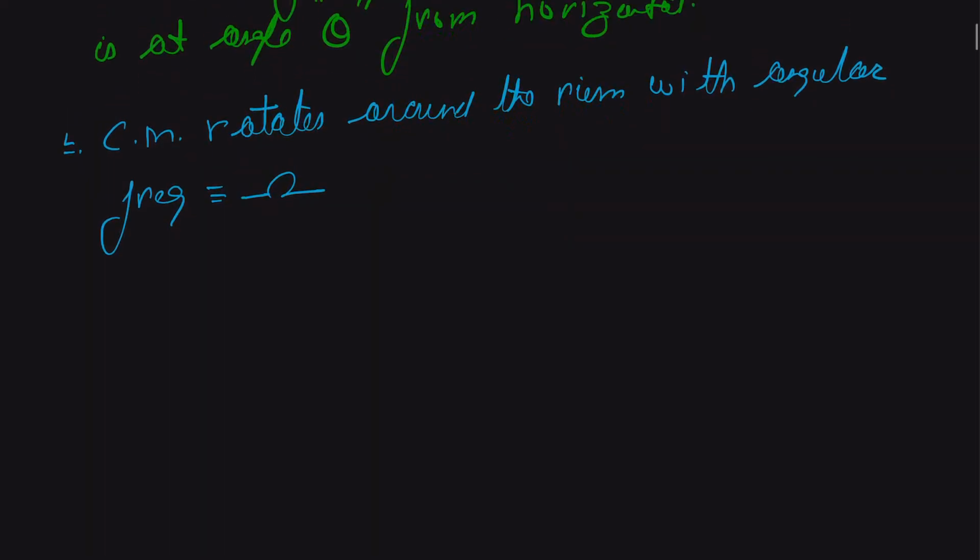So which basically means that if this is our rim, and for the sake of convenience let us assume this is the ball, it is moving around the rim with the angular velocity, or frequency, omega, which we are supposed to find out.